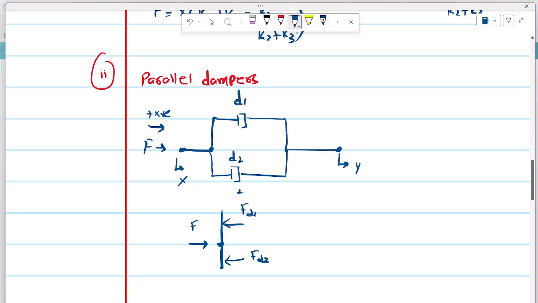And we know the damping force is F equals d times x dot, the velocity, and that is the damping force. So we can write the equation as F minus FD1 minus FD2 equals 0.